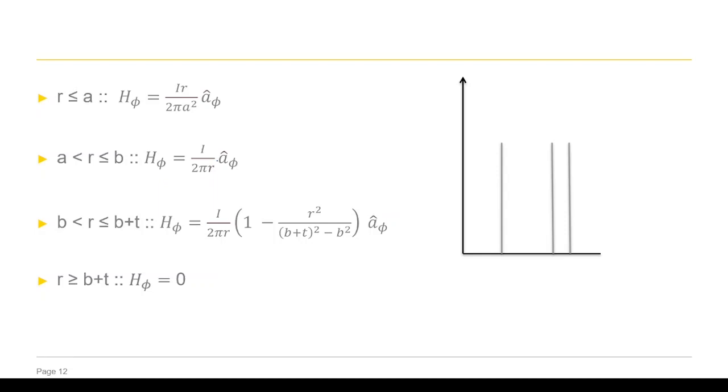To quickly summarize, we see that inside the inner conductor, the magnetic field intensity is directly proportional to the distance from the center.